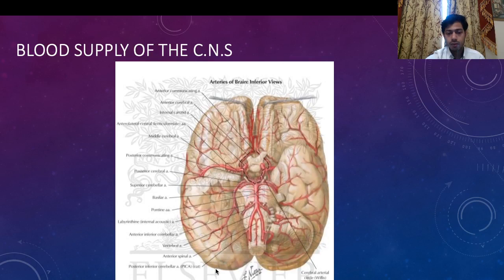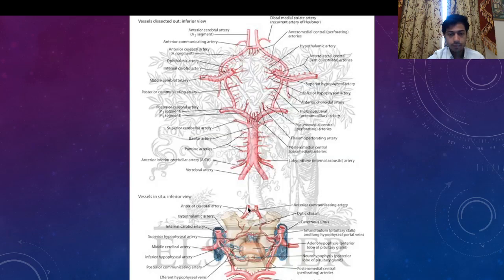So if you start off with the internal carotid, the first branches that it will give off will be here. I don't know if you can see. Yeah. So the first branches that it will give off will be the anterior inferior cerebellar artery, which is right here.